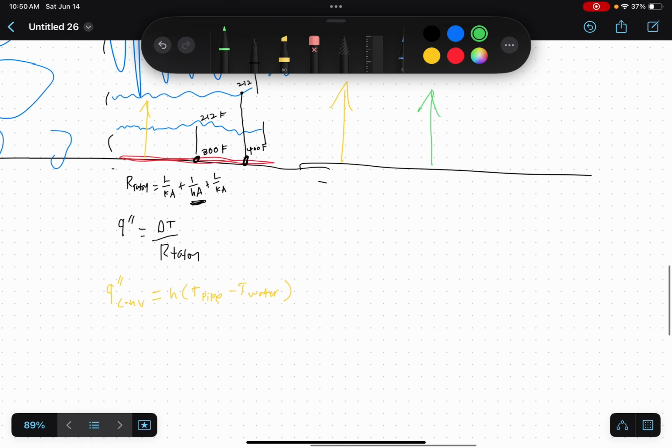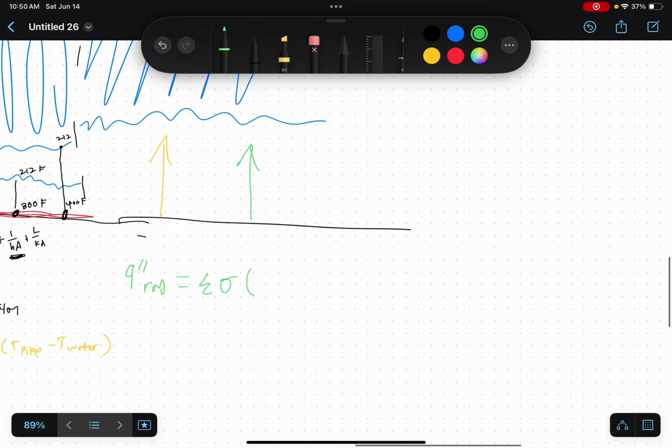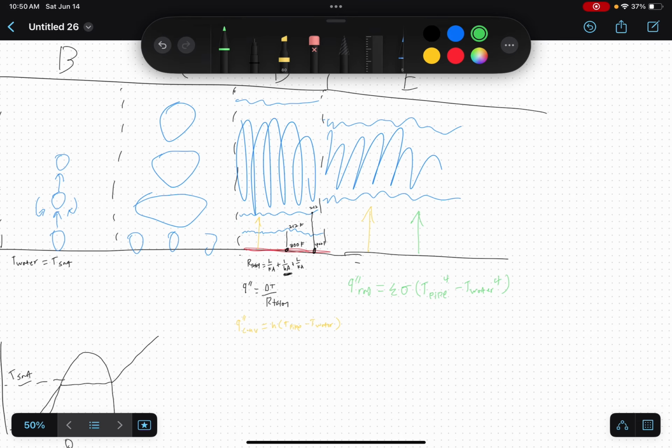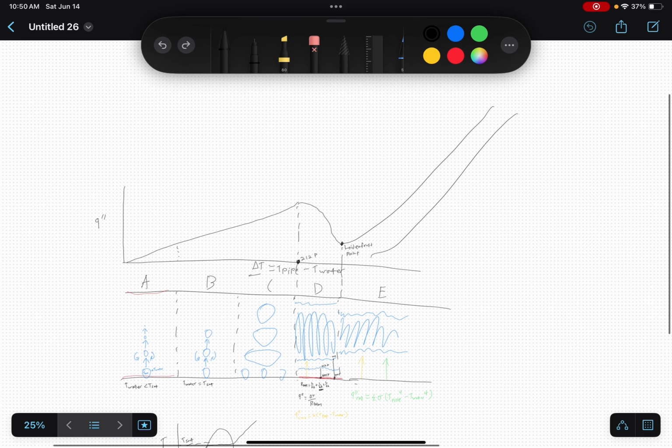So what's the equation for radiation? Cool.